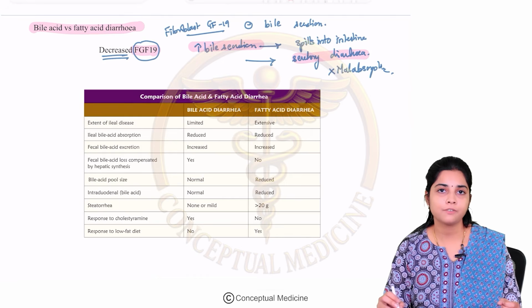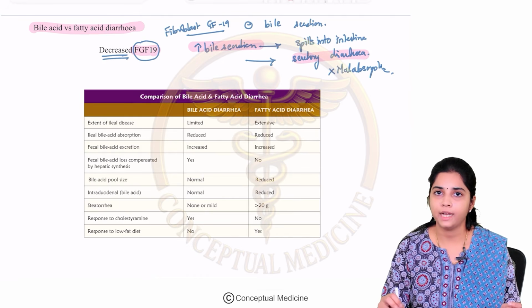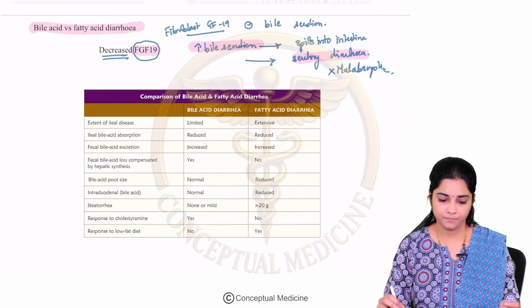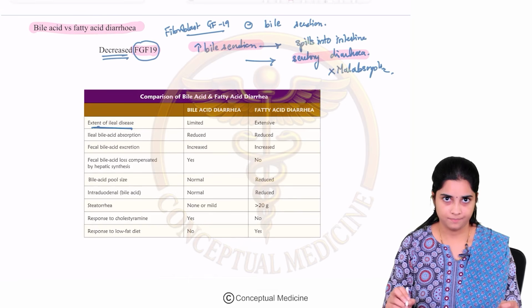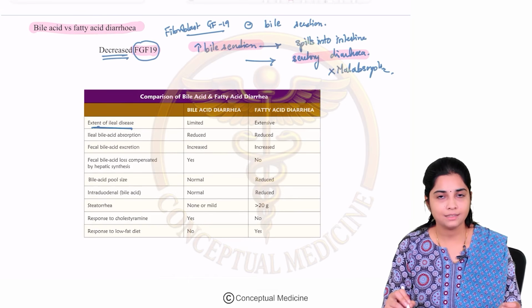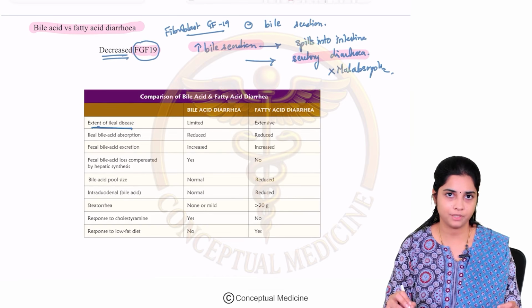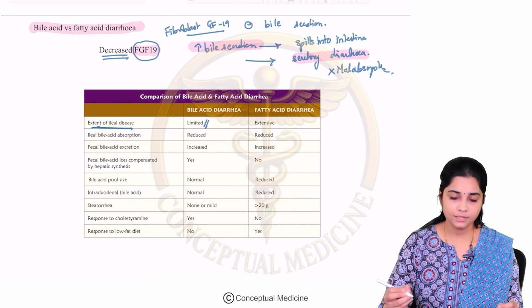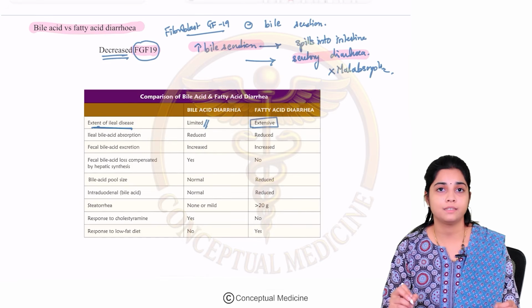So what are the key differences between your bile acid diarrhea and your fatty acid diarrhea? What happens to the extent of ileal disease? In bile acid diarrhea, sometimes even an ileal problem can cause deficiency of FGF19. But here it is a very limited disease. In fatty acid diarrhea, you can have extensive ileal disease, right?